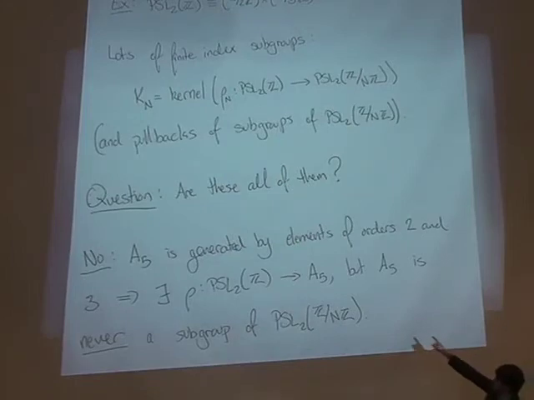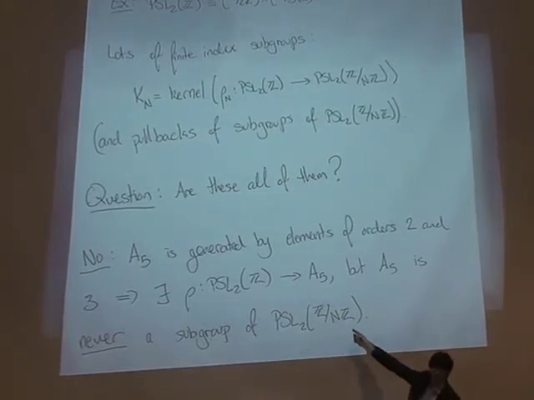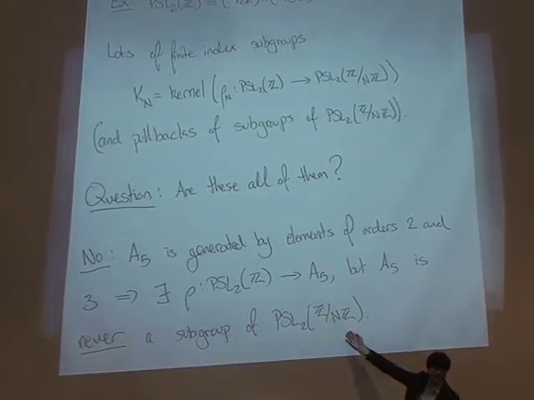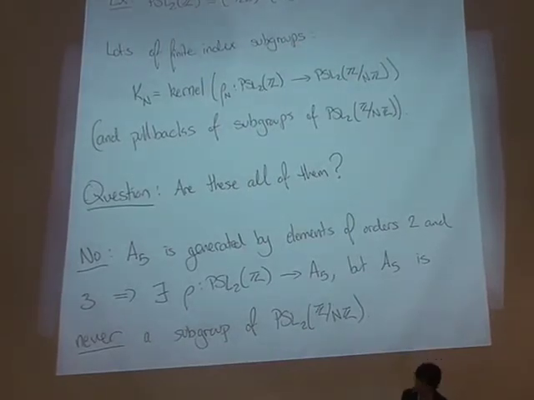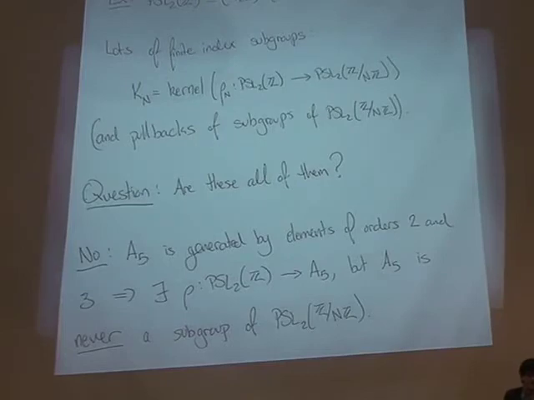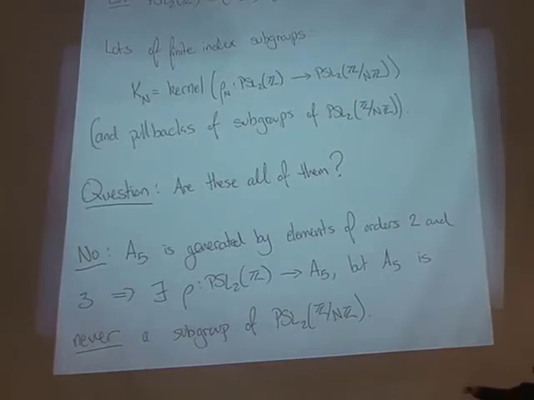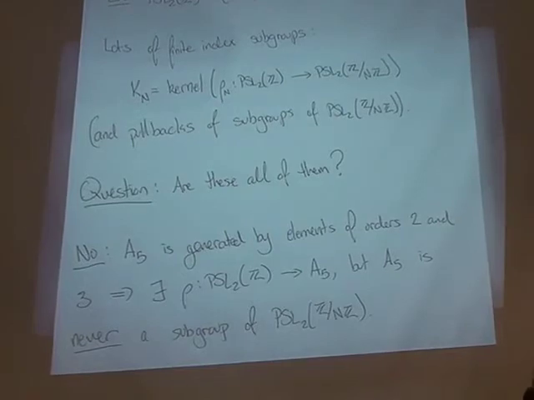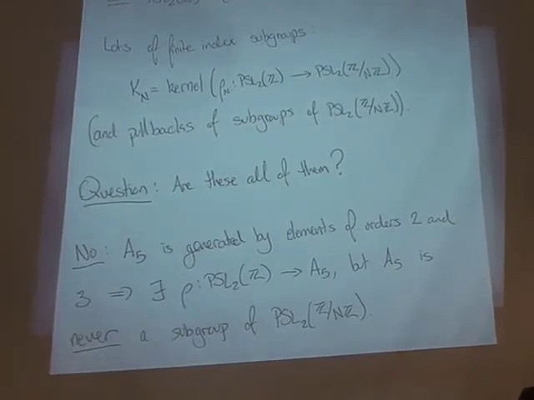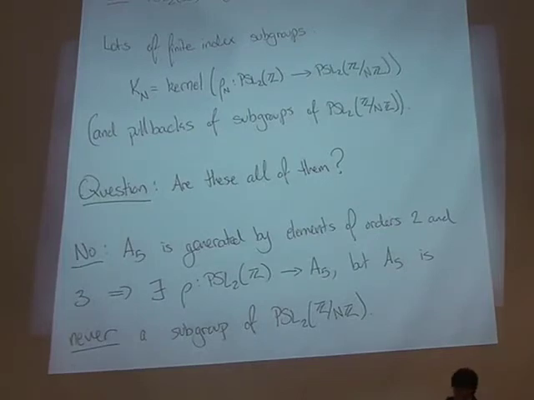But the fact is that A5 is never a subgroup of one of these. It's simple, so it would have to lie in a factor, so you really just have to look at PSL2 over finite fields, and you can show that A5 is never in there. So this never comes as a pullback of a subgroup of PSL2. And so there you go. There's a non-congruence subgroup. So the congruence subgroup property fails.